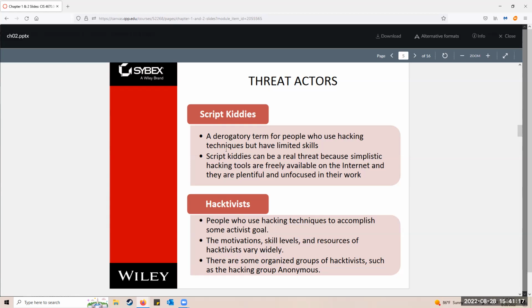Others are out there too. Anonymous has been active as a hacktivist group over the course of the last 20 years. And there might be more localized hacktivist organizations targeting local businesses, schools, local government, etc.